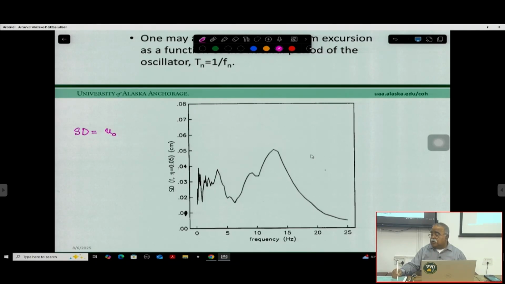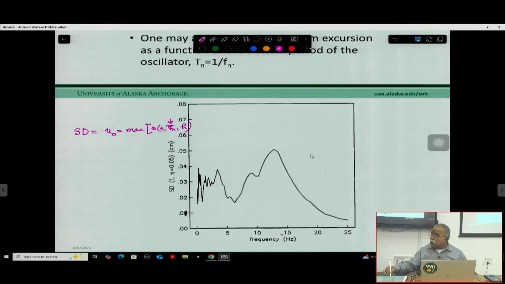So that is the peak response of the building, that is, the maximum of U for a given Tn and the given damping. We calculate the SD for this, and then we change the frequency or the period, whatever it might be.